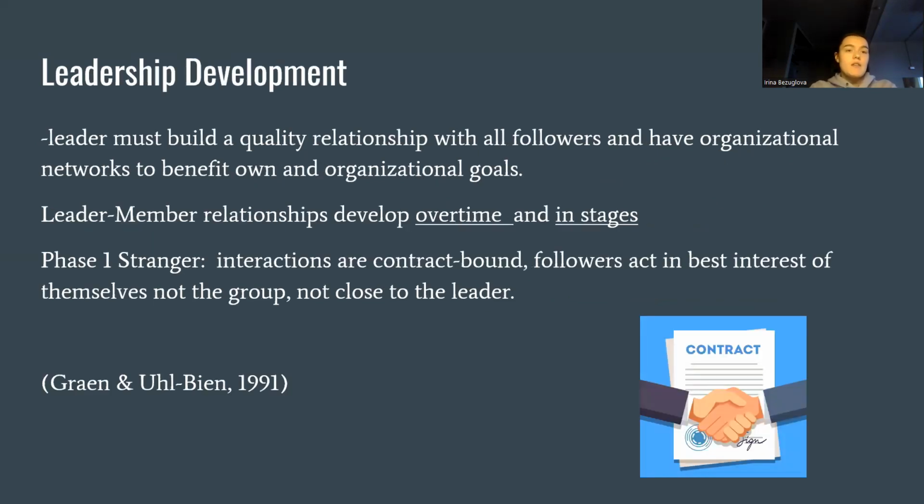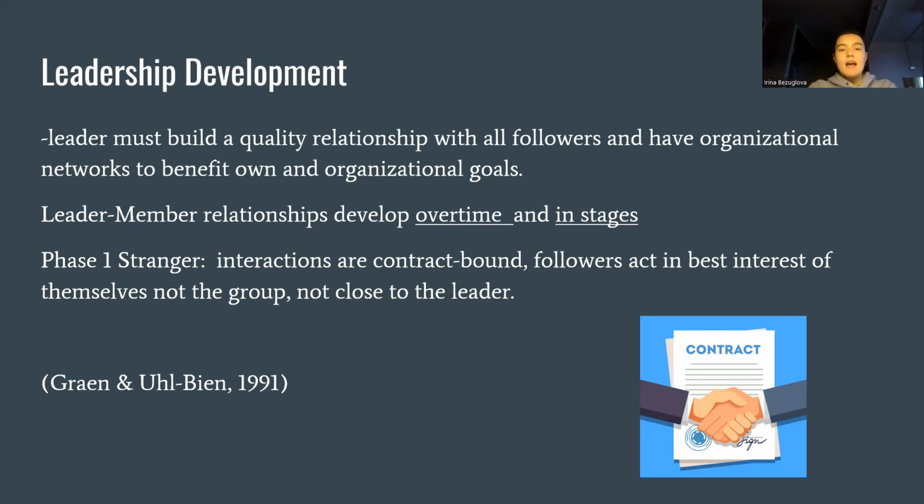So, in the leadership development domain, LMX theory proposes that a leader must build a quality relationship with all followers and have organizational networks outside of the department they work in, in order to benefit their own and organizational goals.